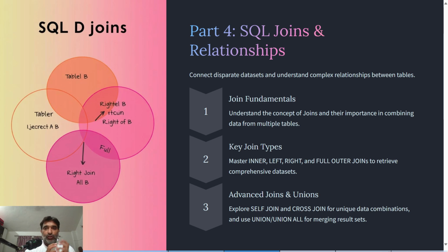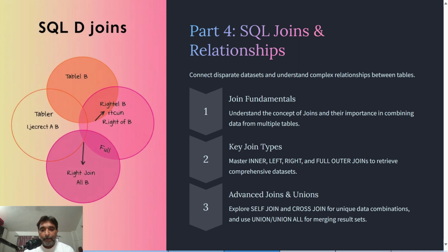Joins are basically used to join 2 or more different tables to retrieve the data. We are going to have an extensive session on joins, and I'll show you how joins work in real life. But let's understand some basics first before we dive deeper. Some of the very basic joins are inner join, left join, right join, and full outer join.